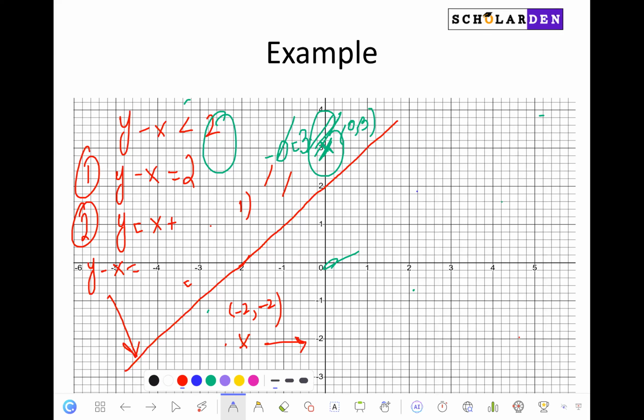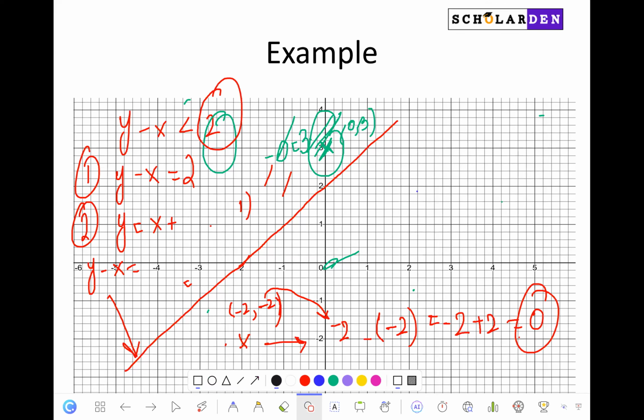Okay, so what does y minus x mean? Y minus x for this point means -2 minus, and this is your x coordinate, -2. So this becomes -2 plus 2, which is 0. And this is definitely less than 2. So this is a valid point. This is correct.